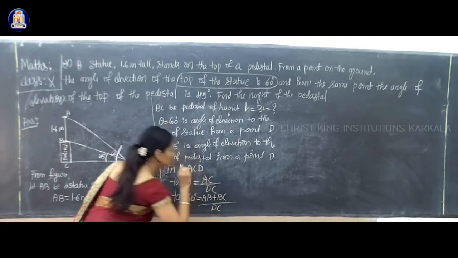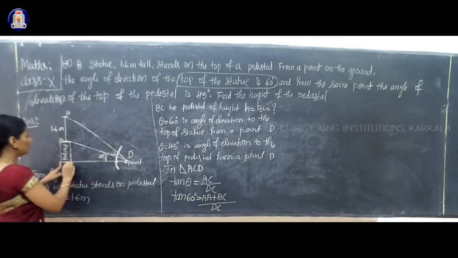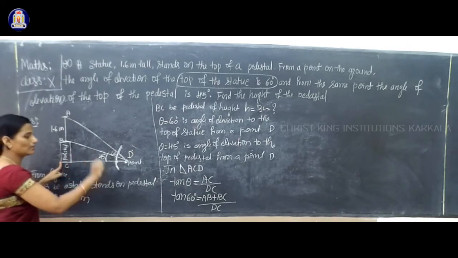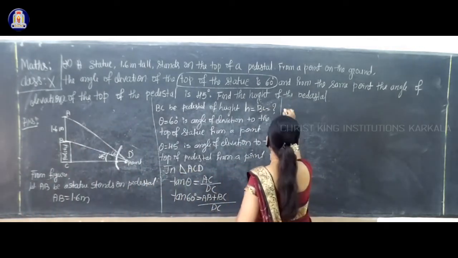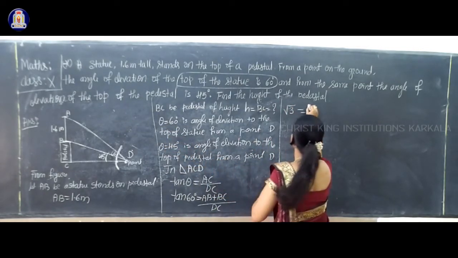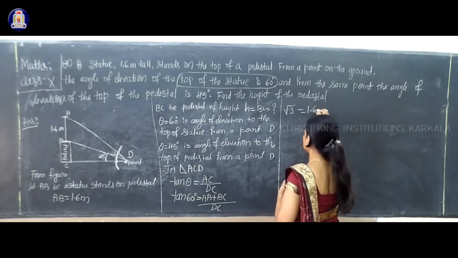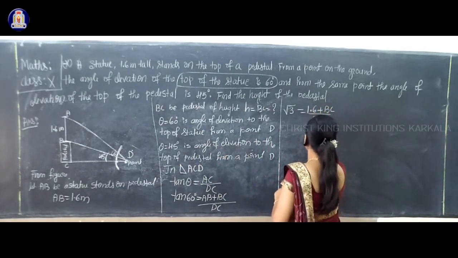DC keep it as it is. DC is actually the distance from the point to the pedestal. It is not given, so keep it as it is. Now what is your tan 60? Tan 60 is root 3, equal to AB. What is given for AB? AB is 1.6 plus BC, which is not given, divided by DC.